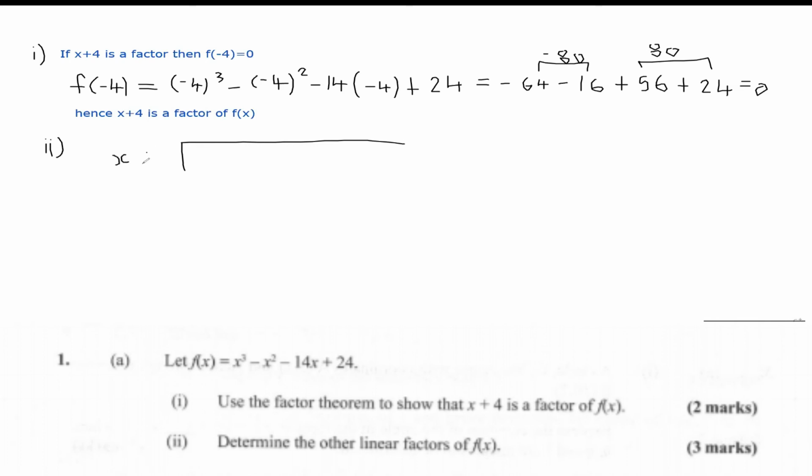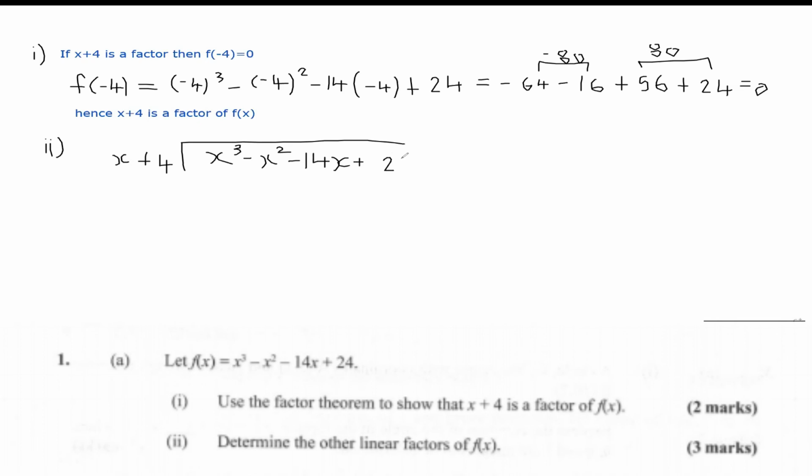So using polynomial division, you have x plus 4, and you're going to divide f of x, which is x cubed minus x squared minus 14x plus 24.